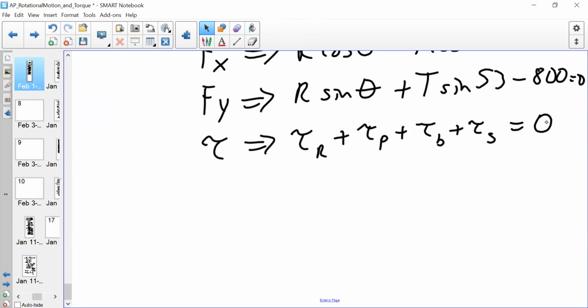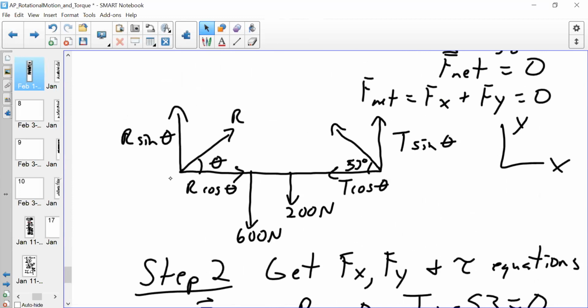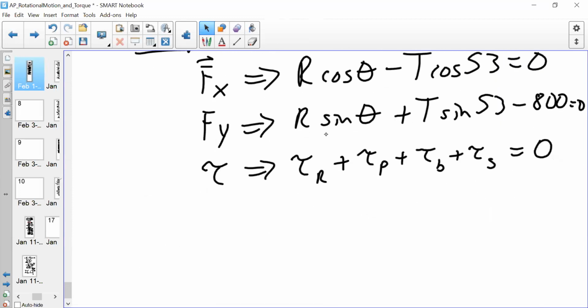We'll do them systematically, and it's all going to equal 0. There's no torque provided by the wall force because it's right at the axis of rotation. Torque implies force and a distance. Well, there's a force, but no distance, so that term goes away. So we just have the torque provided by the person, the beam, and the string at the end, because those all have distances away from the axis of rotation.